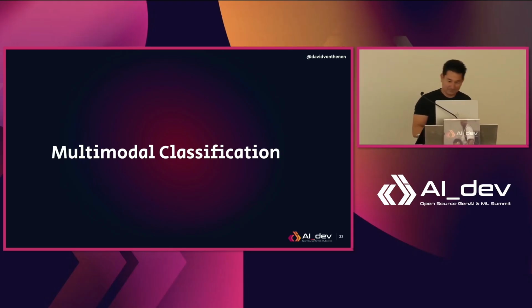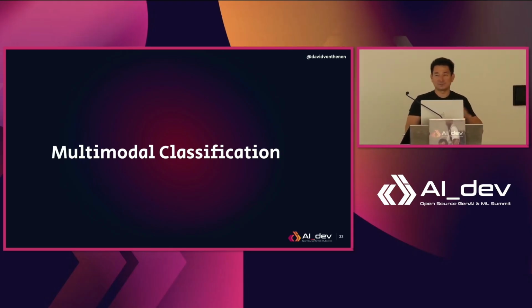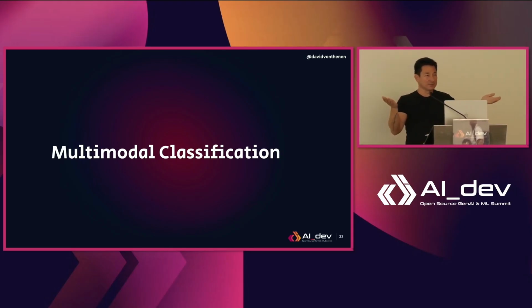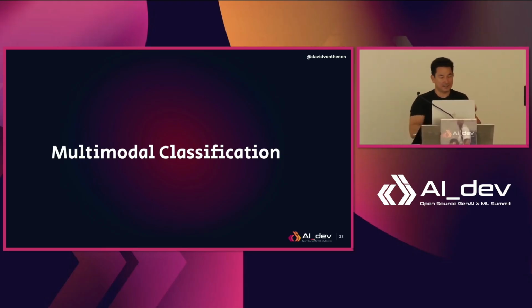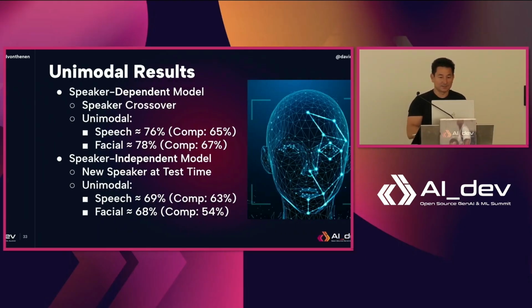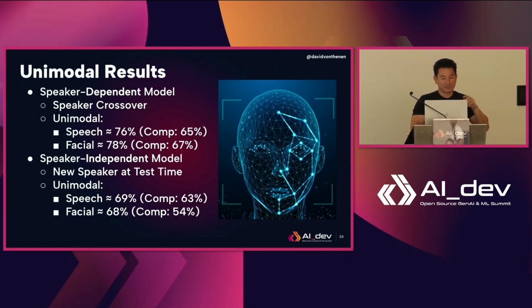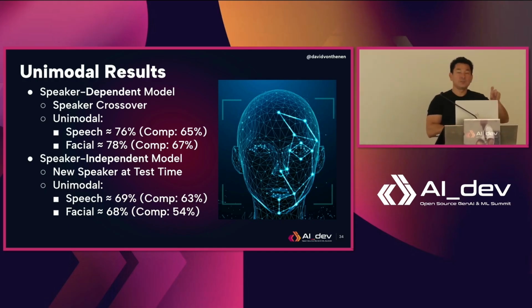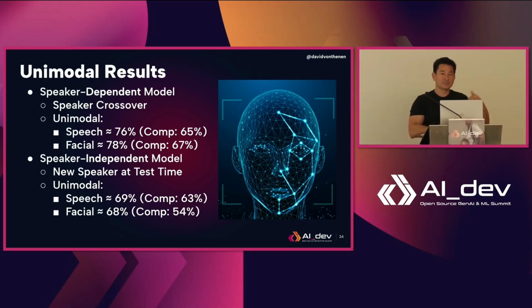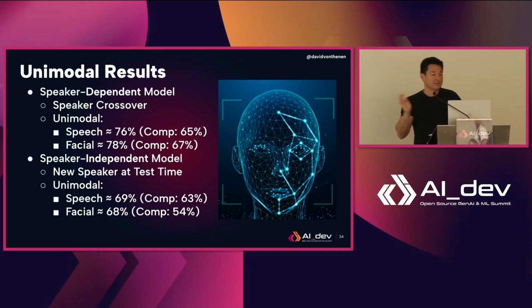Perfect. Now we're going to take those individual machine learning models and put them together to do multimodal, so that we can do the video and the audio, and classify and see what our results are. This is the summary of the speaker dependent, where we have the speaker crossover. Our test data also comprises all of the shows.